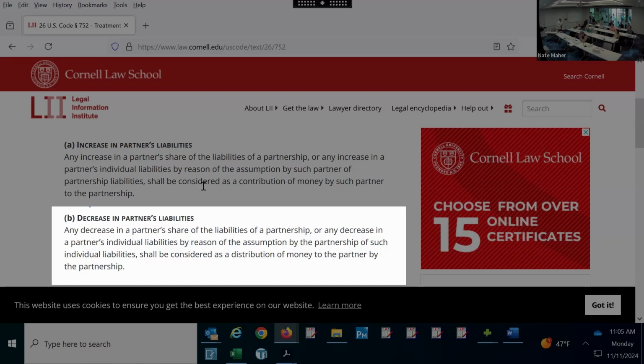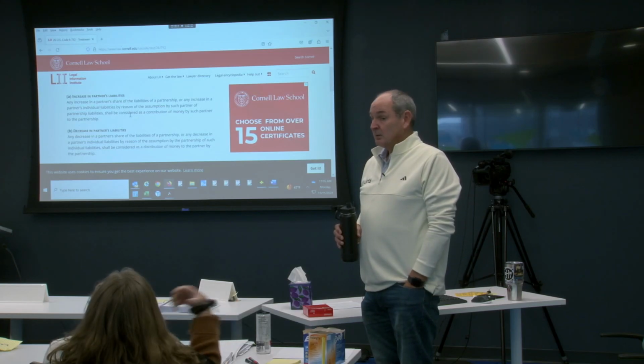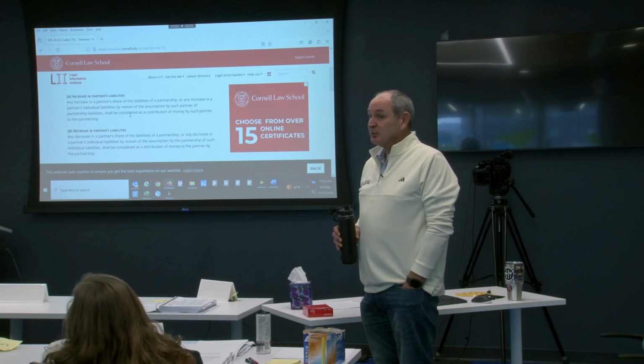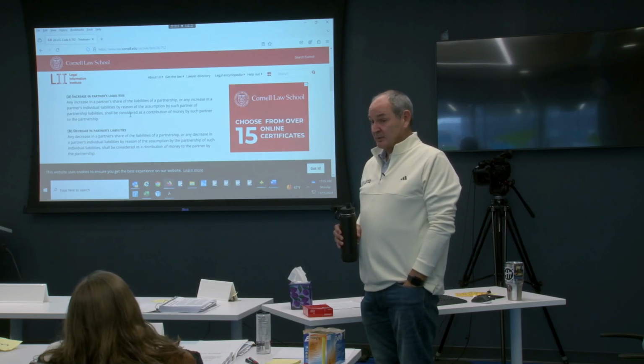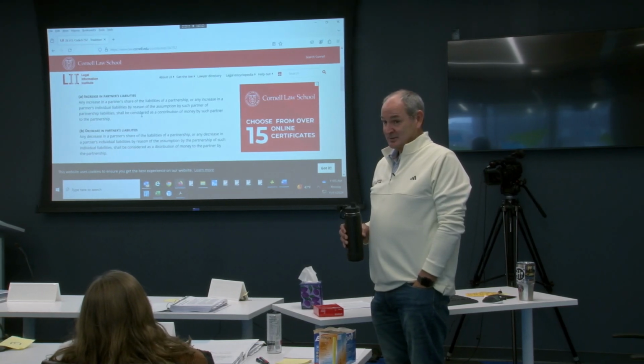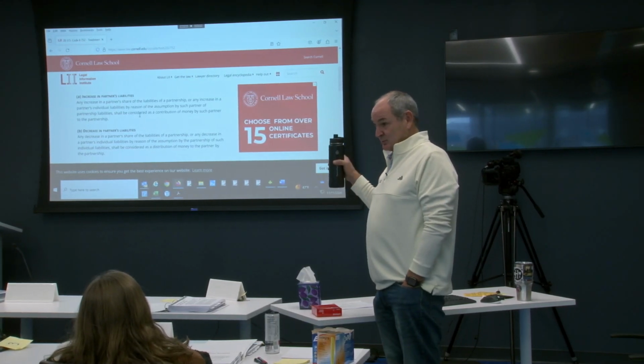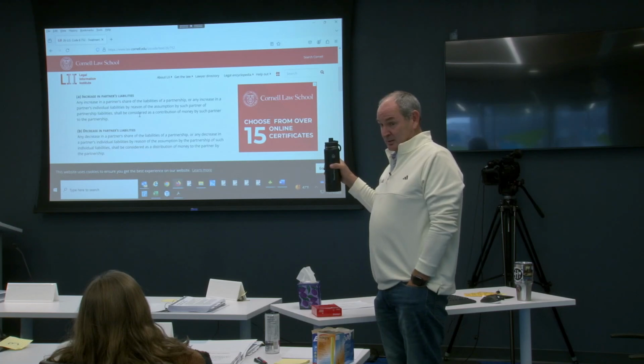This isn't addressing at-risk though. Well, that's a fine hair to split. But did I have a decrease of liabilities? Yes or no? Yes. And that says it's the distribution of money. It doesn't split a hair whether it's recourse or non-recourse. But now you're saying there is no guidance under 465(e).